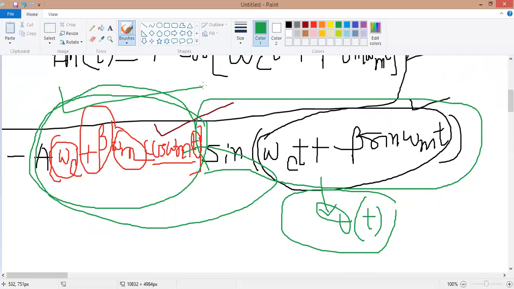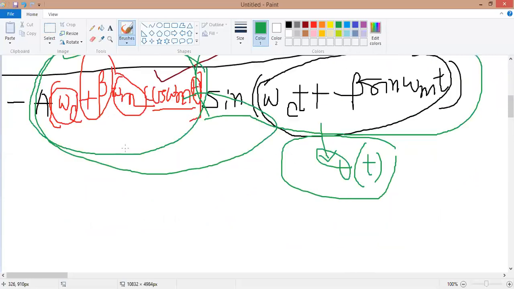That means from this portion, the low frequency message can be extracted using a low pass filter. You can say that the frequency is varied and the amplitude is also varied.